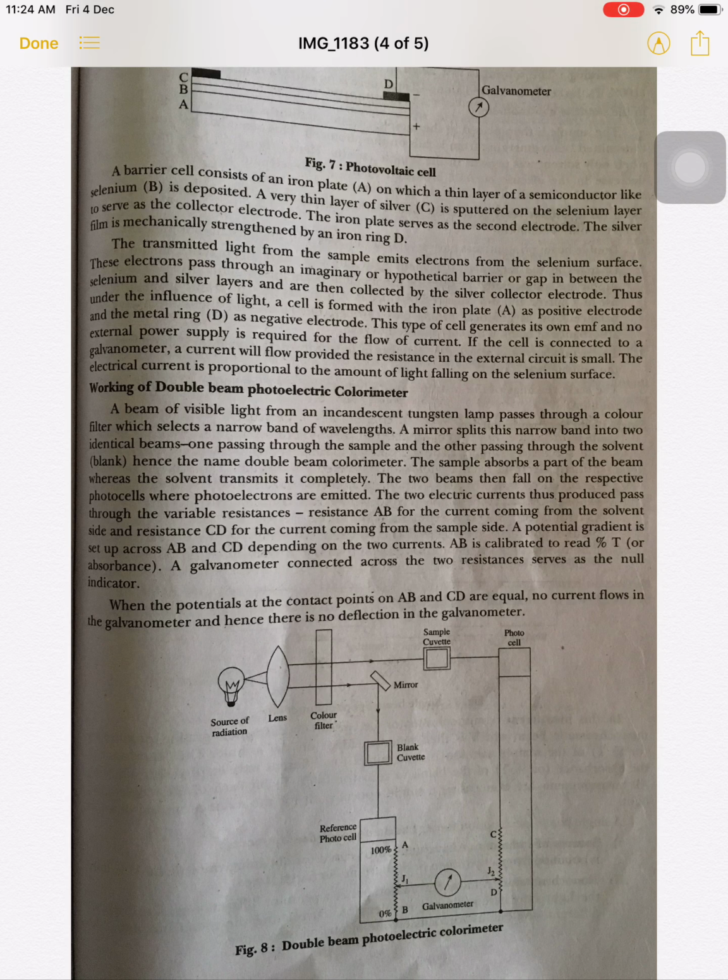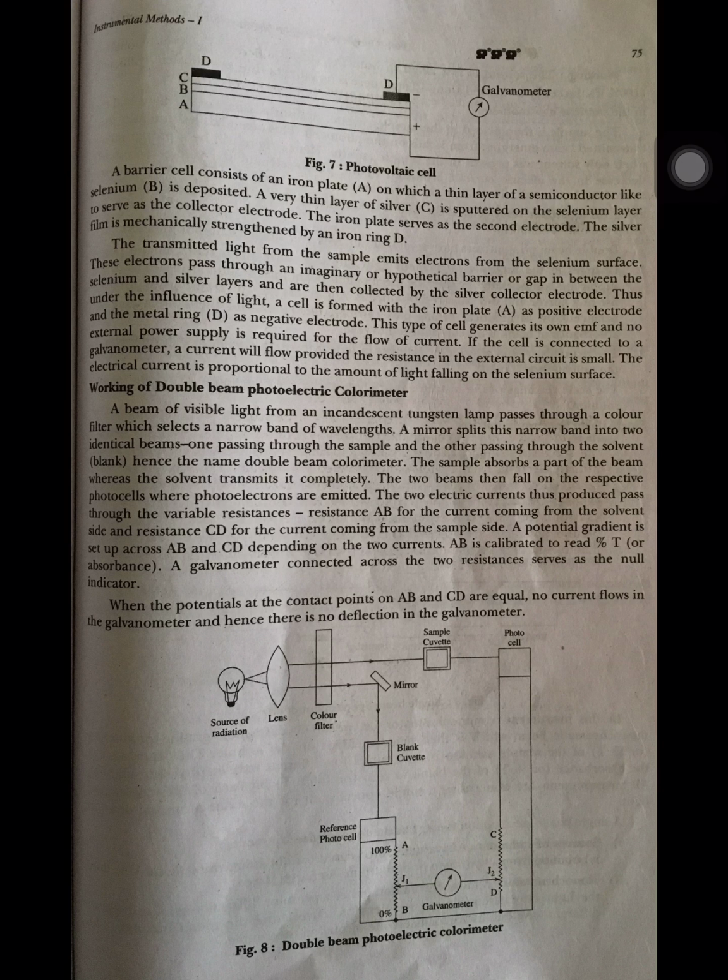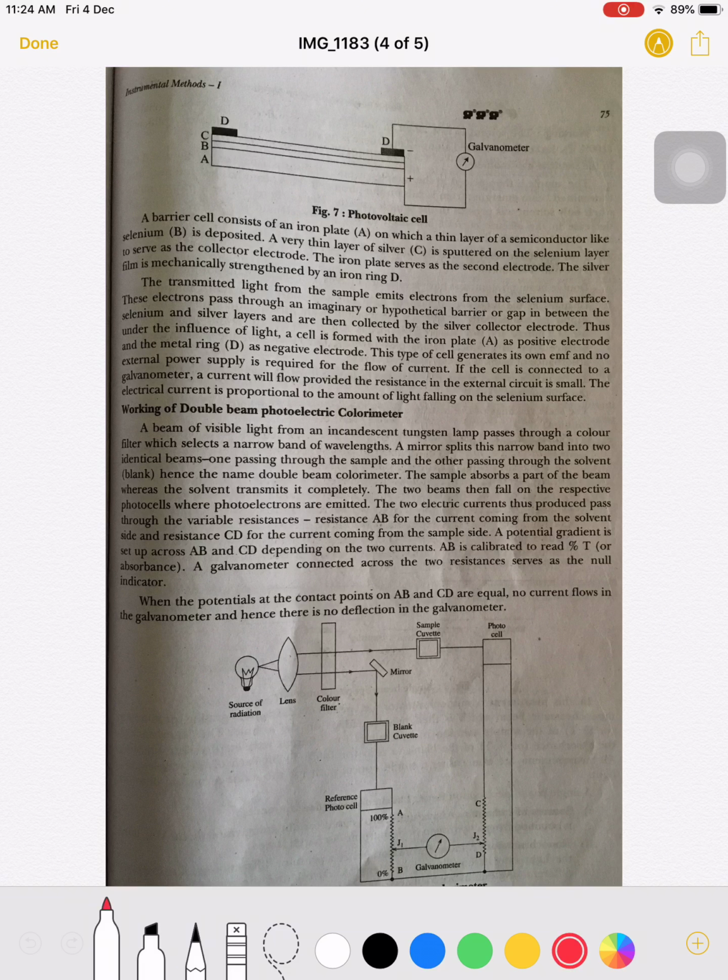So in this double beam photoelectric colorimeter, a beam of visible light from a tungsten lamp passes through the color filter. The role of the color filter is to select a narrow band of wavelength.